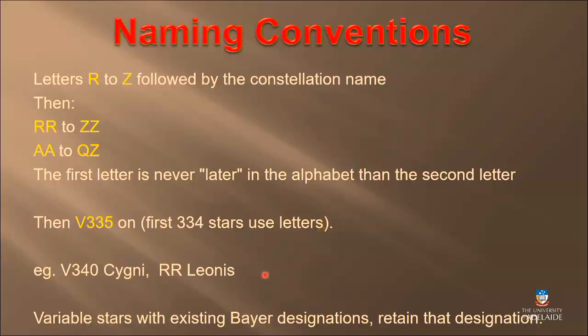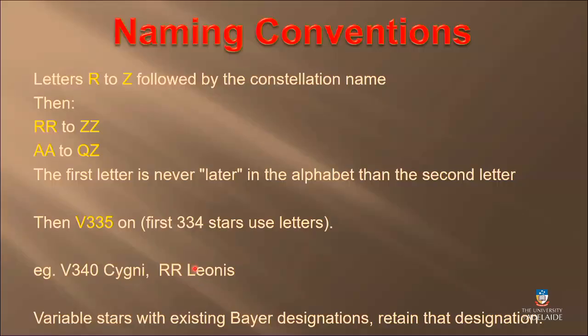And once those have all run out, then we use V335 onwards, because the first 334 use this system. There's a lot of history goes on here. You know, if they had known how many variable stars there were, they probably would have just stuck with this system here. So some examples here, V340 Cygni or RR Leonis.